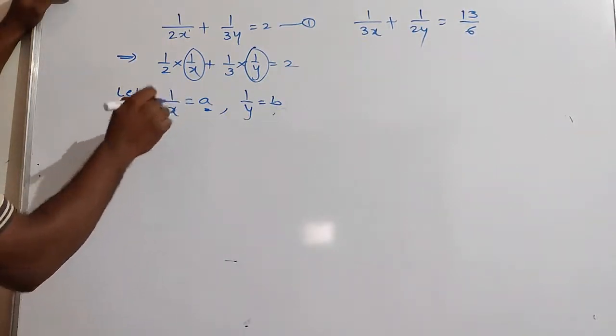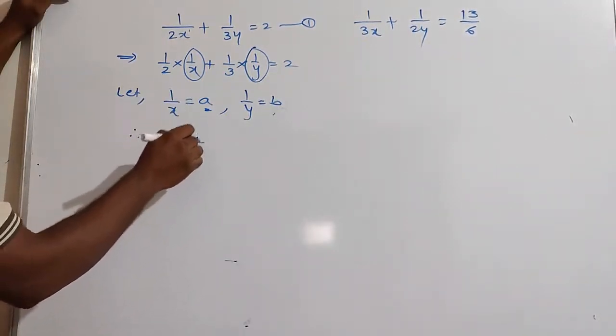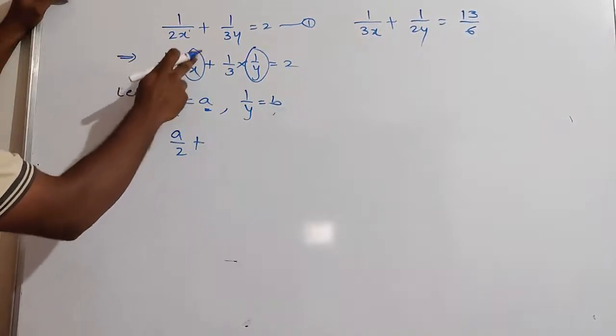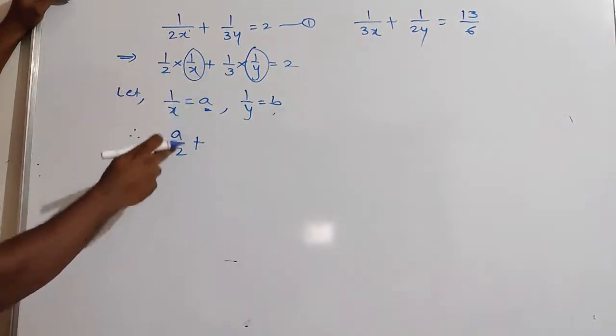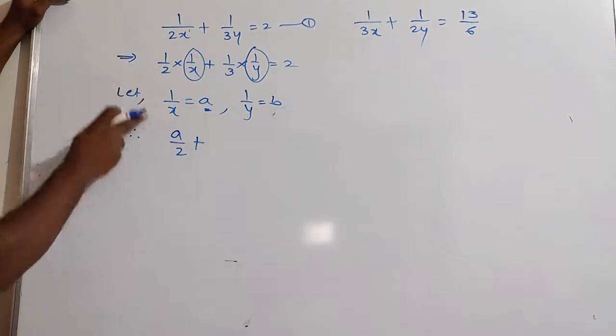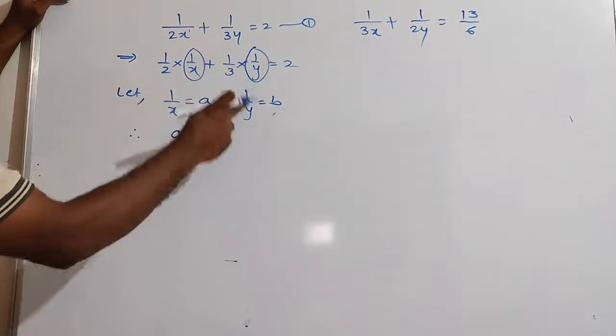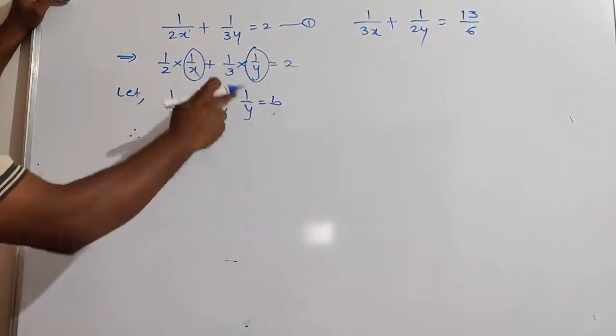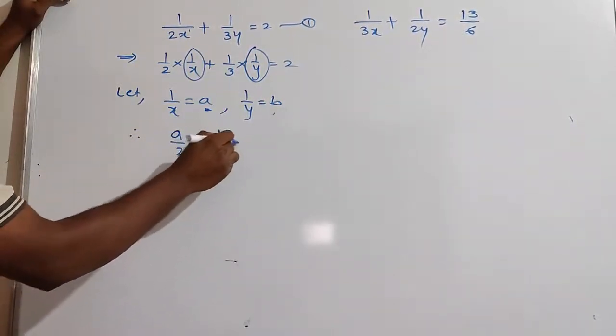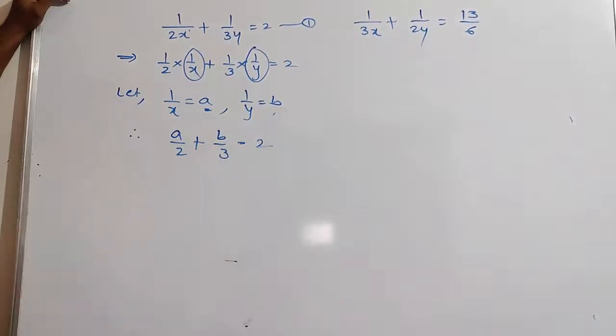See, a by 2 plus 1 into 1. Instead of 1 upon x I have written a, and 2 is in the denominator, so a upon 2. Here, instead of 1 upon y I will substitute b, so b by 3 is equal to 2.